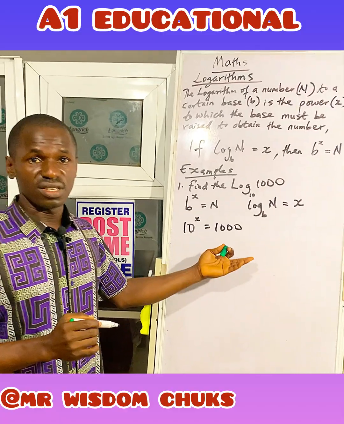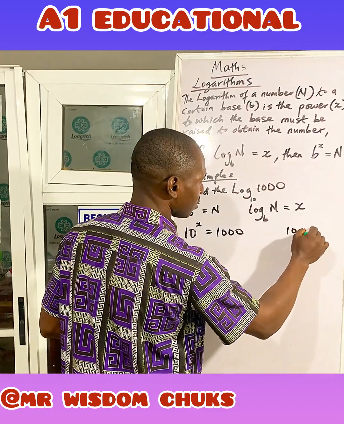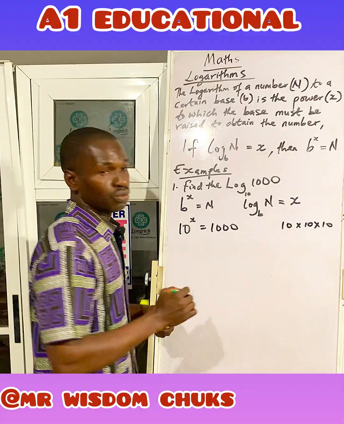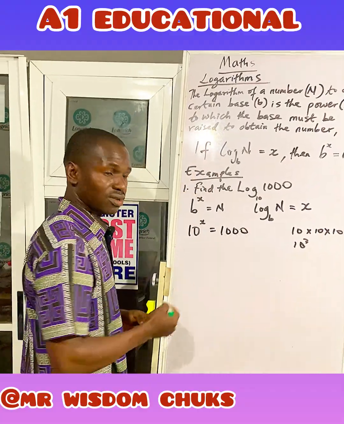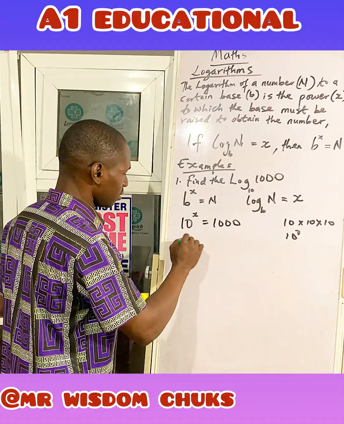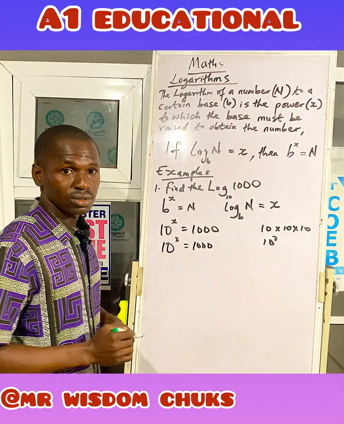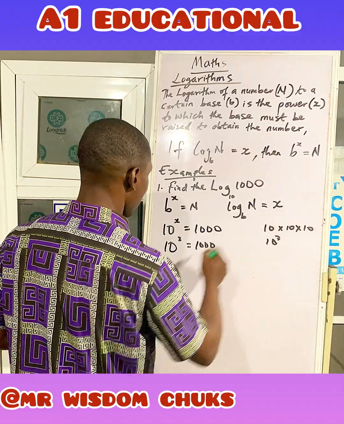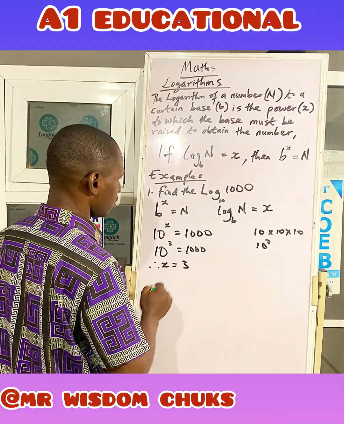With your knowledge of indices and powers, you realize that 10 times 10 times 10, which is 10 raised to power 3, gives you what? 1000. So we have that 10 raised to power 3 equals 1000. Hence our x here equals 3.